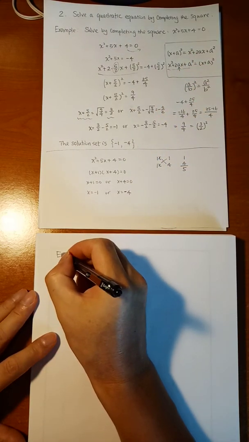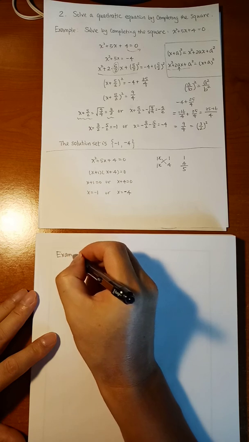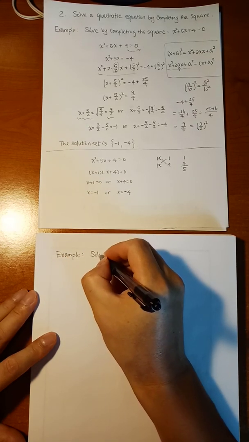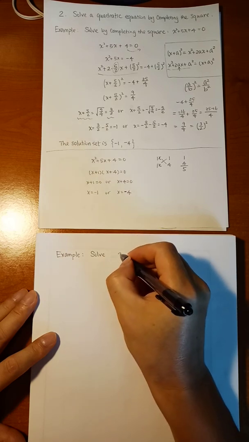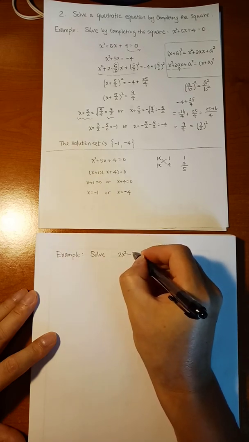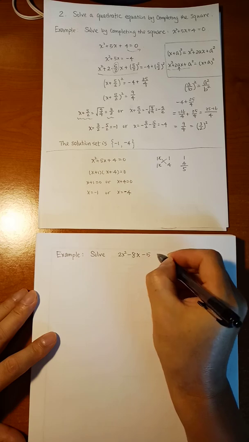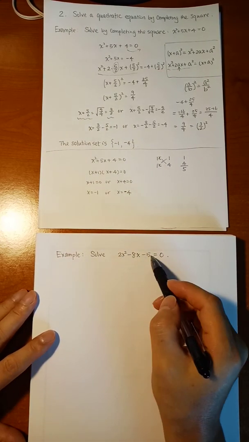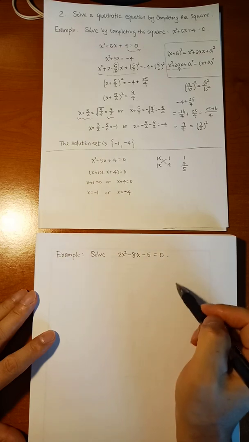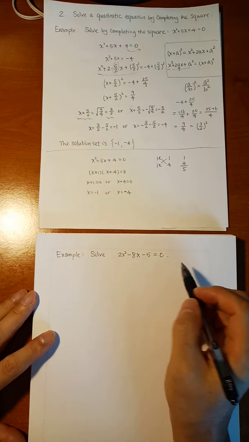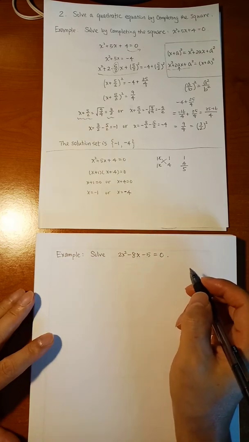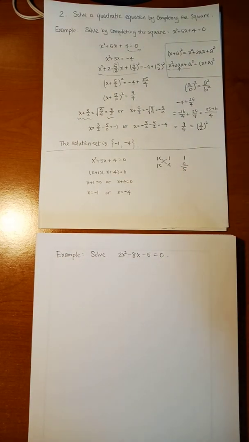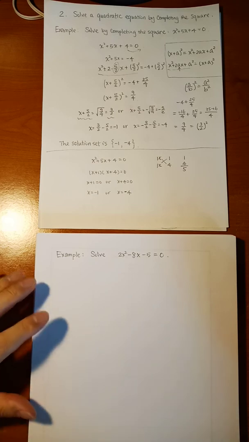So for example, solve 2x squared minus 8x minus 5 is equal to 0. You can try it. Here's 2, here's negative 5. You try whatever factorization, you may not succeed. The integer factorization, you cannot get the answer.